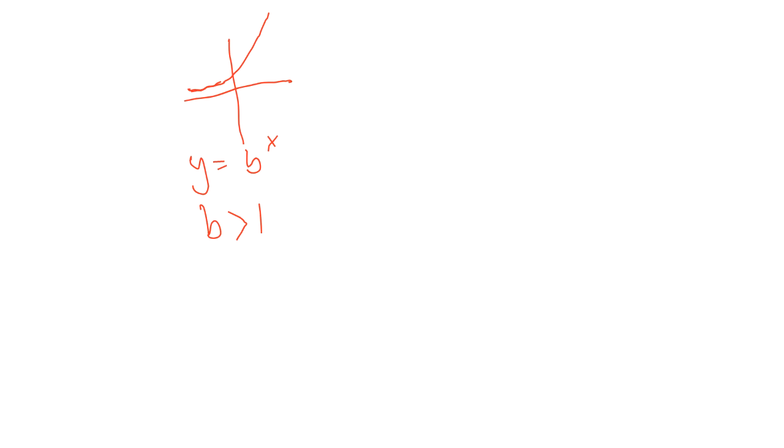We can also have something that stays the same. Let's say this is at y equals 1. We can say that y equals 1 to the x, because b has to equal 1, since 1 to any power is 1.